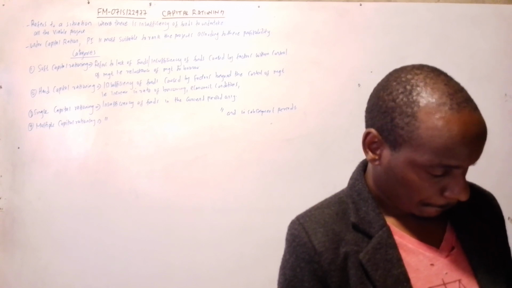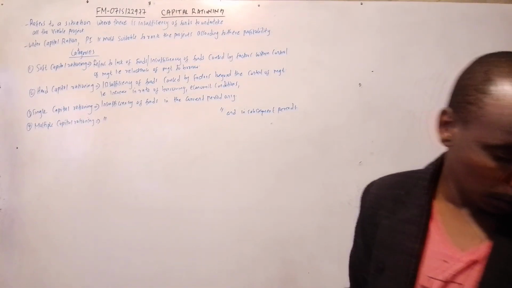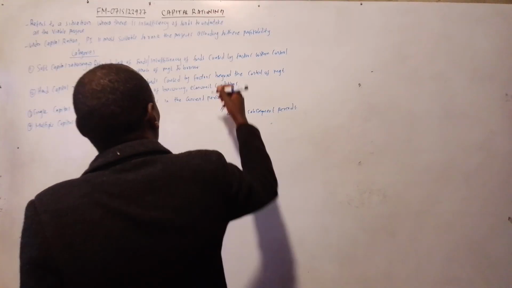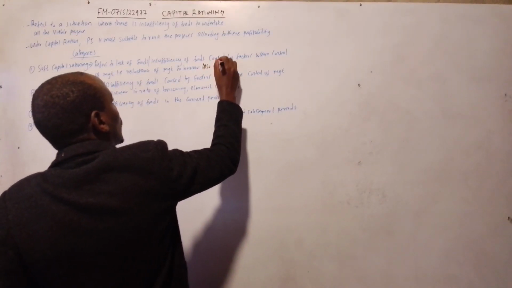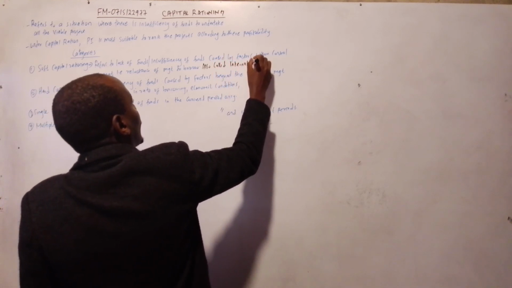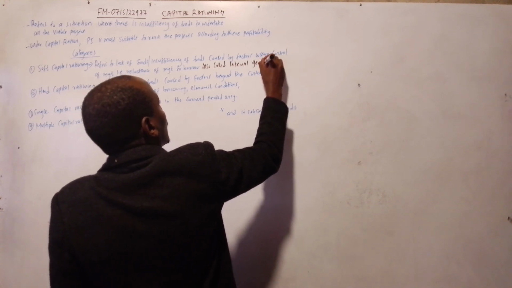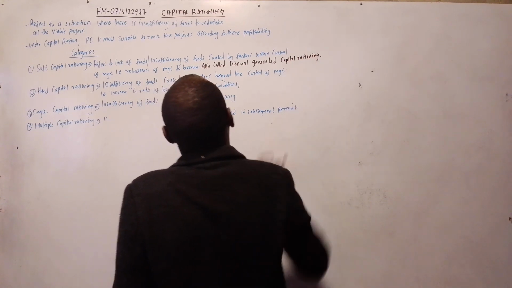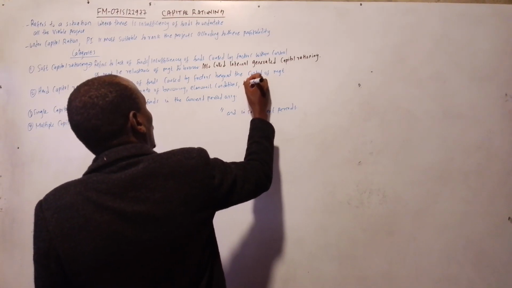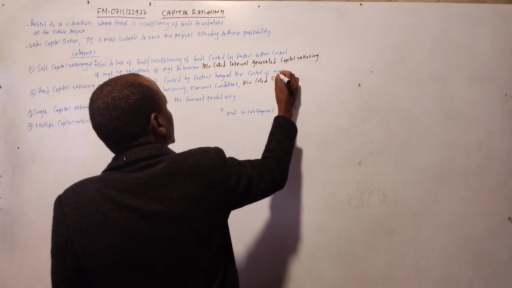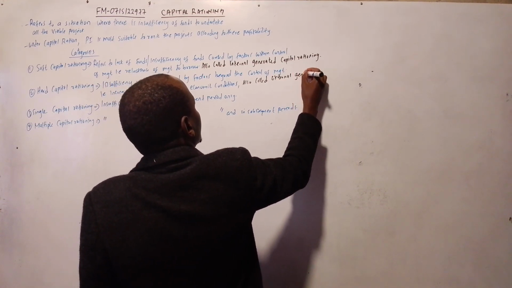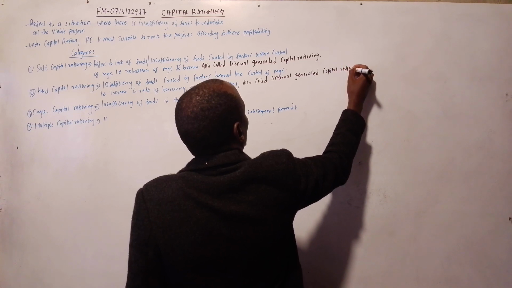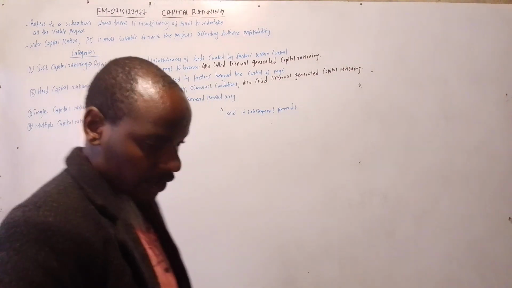Soft capital rationing is also called internally generated capital rationing, and the other one, hard, is also called externally generated capital rationing.